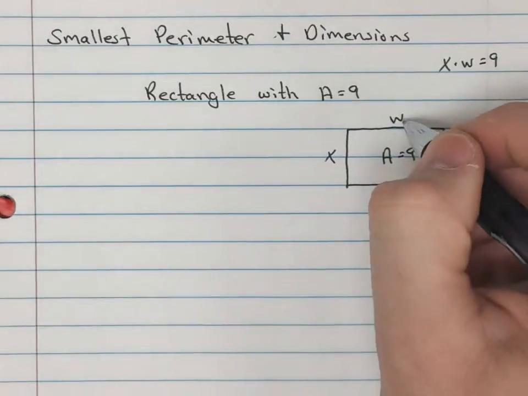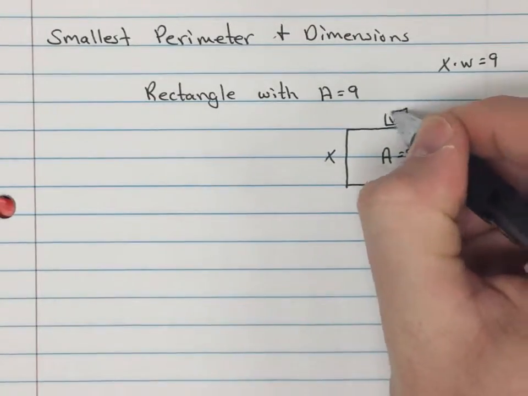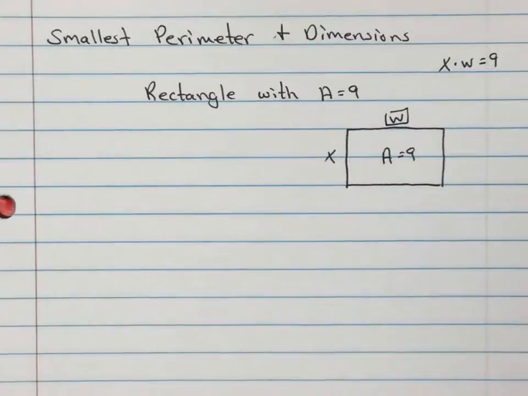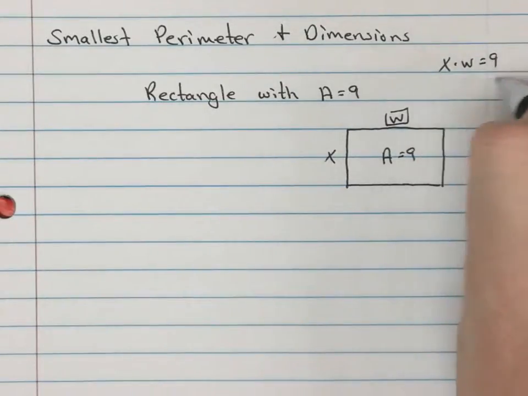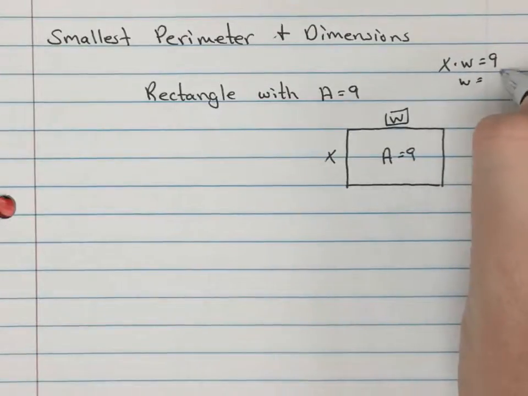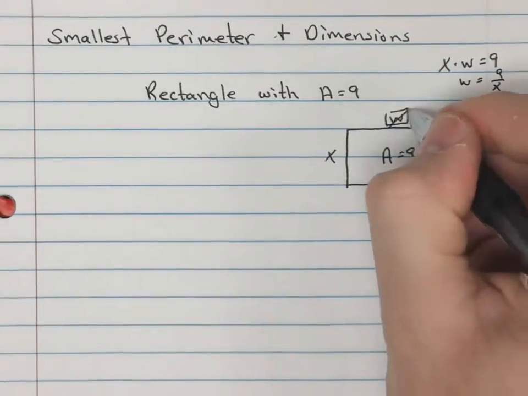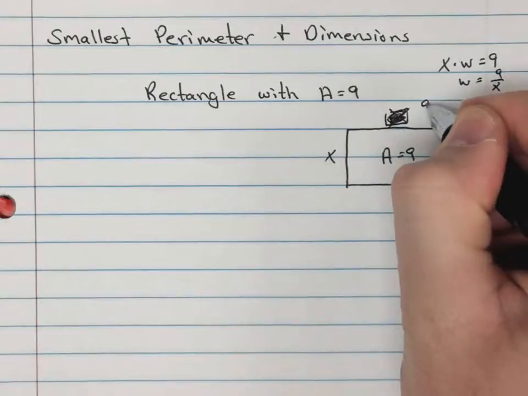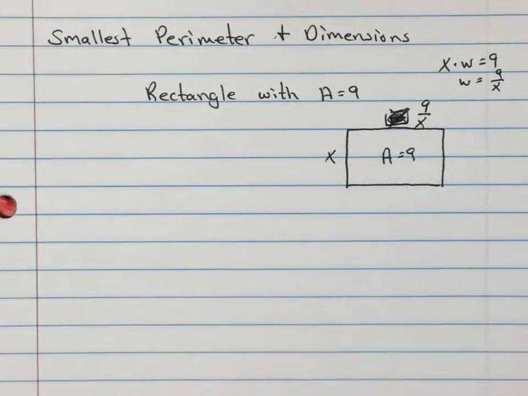But instead of defining this in terms of w, I'd really like to define it with x's. So I can go up here and actually solve this little equation, move the x over, and I know that w is equal to 9 divided by x. So instead of defining this in terms of w, let's define it in terms of x.